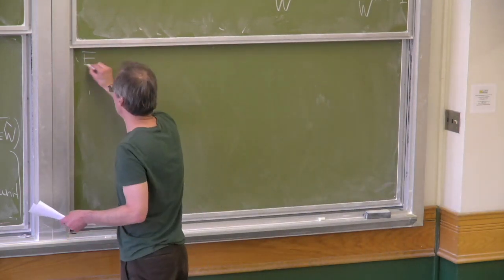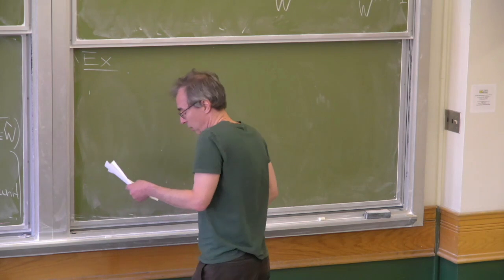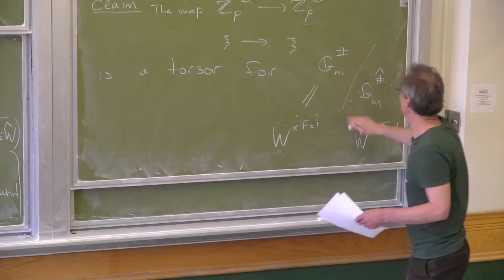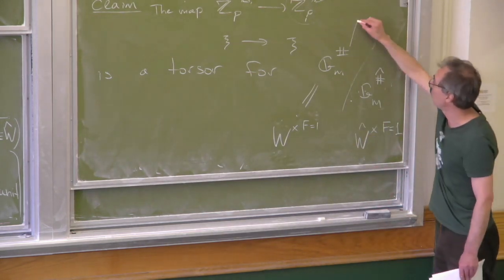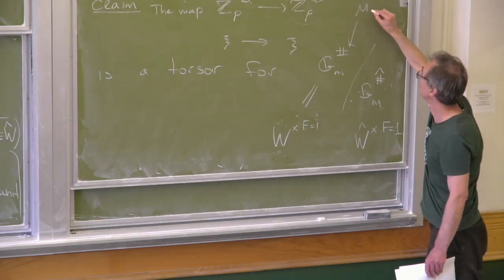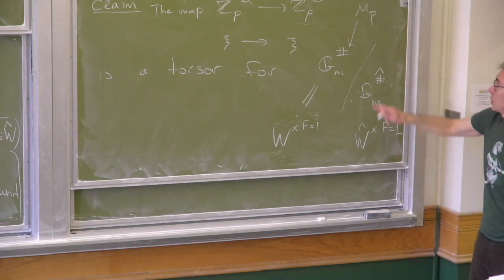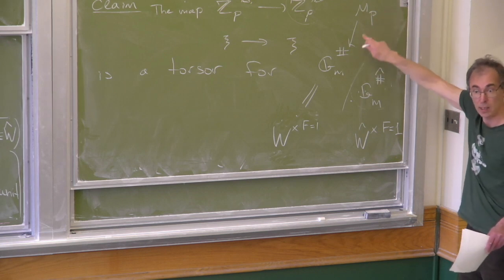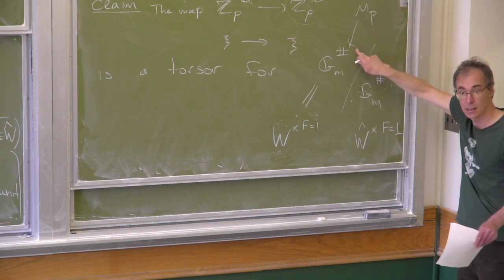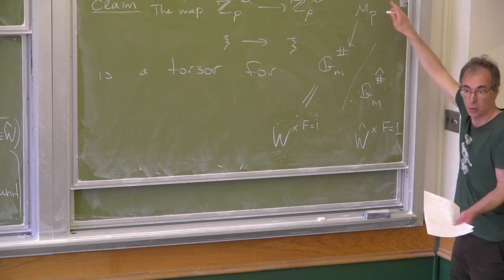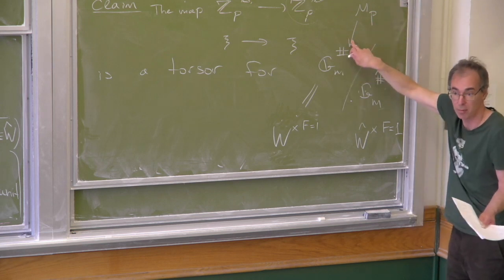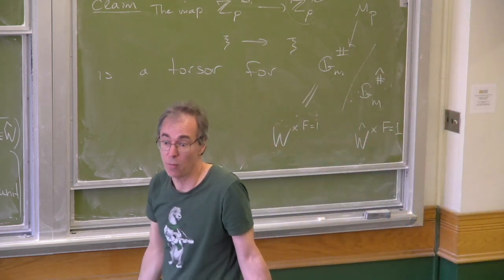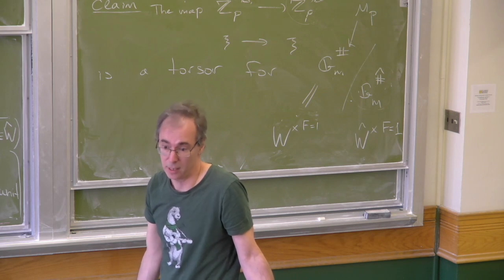Nevertheless, here is a concrete example of computation. Maybe before I explain this, let's observe that this group receives a map from mu_p. So mu_p has a divided power structure. So there is a map from mu_p to G_m, and it extends uniquely over Z_p to a map from mu_p to G_m sharp. Over Z_p, it's unique.